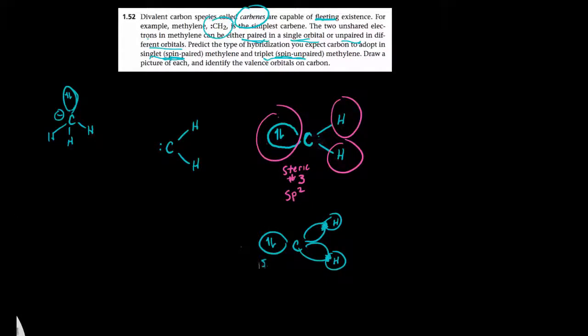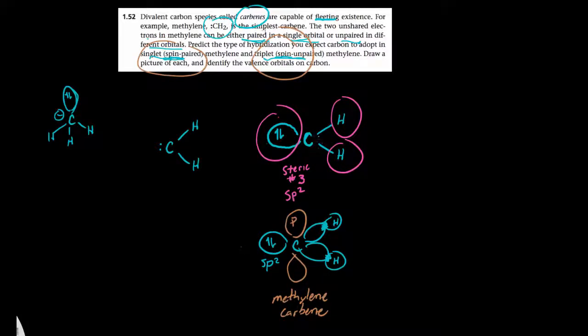Sorry, did I say sp3? I meant sp2. And this sp2 orbital here is just hanging out with a pair of spin paired electrons. And that leaves us with a p orbital here that's empty. So this is a p orbital in methylene, carbene, that is empty. So this is one form. This is the spin paired, the singlet form.